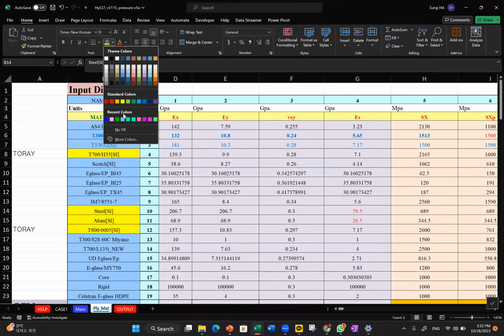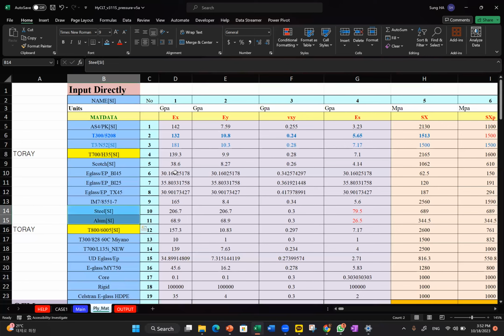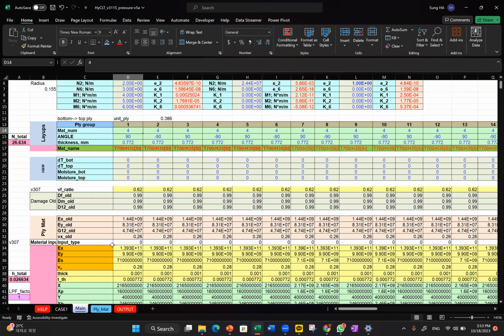Okay, so let's play with the steel. Steel is number 10. So number 10, let's say we have a four-ply laminate. Four ply represents stacking from the bottom. That is our convention.